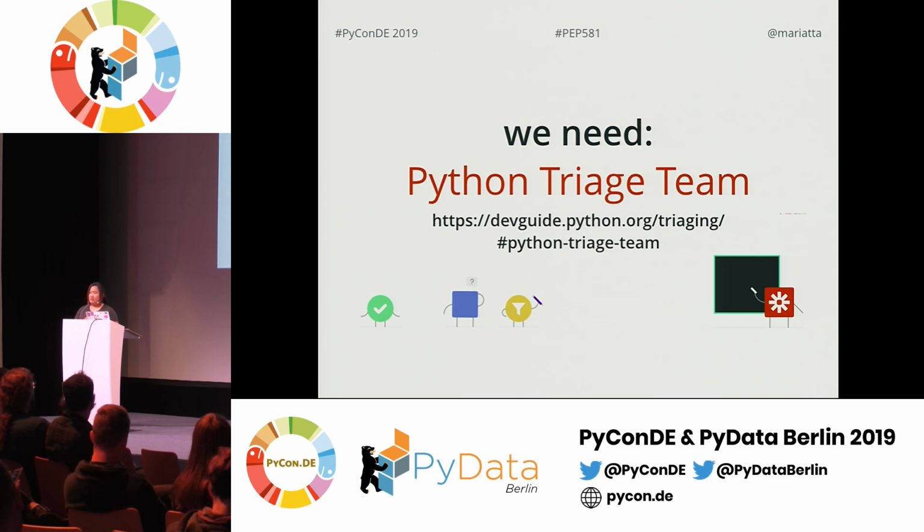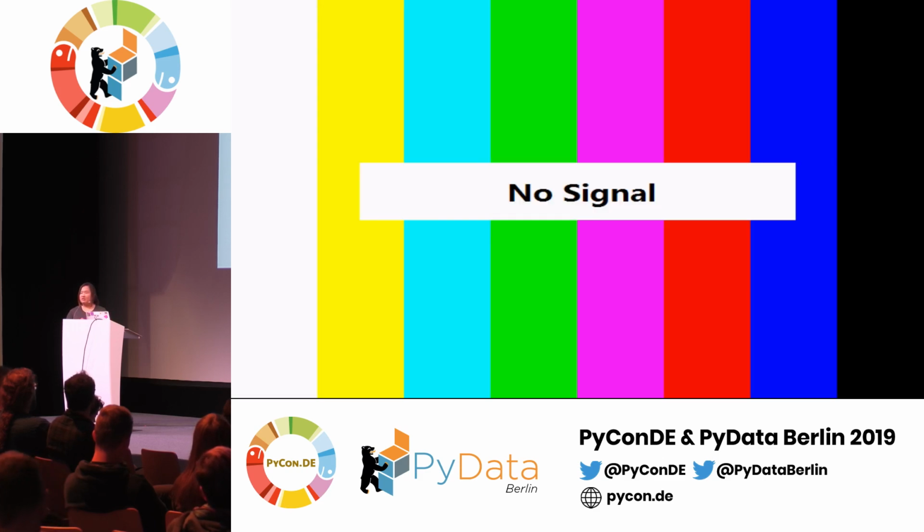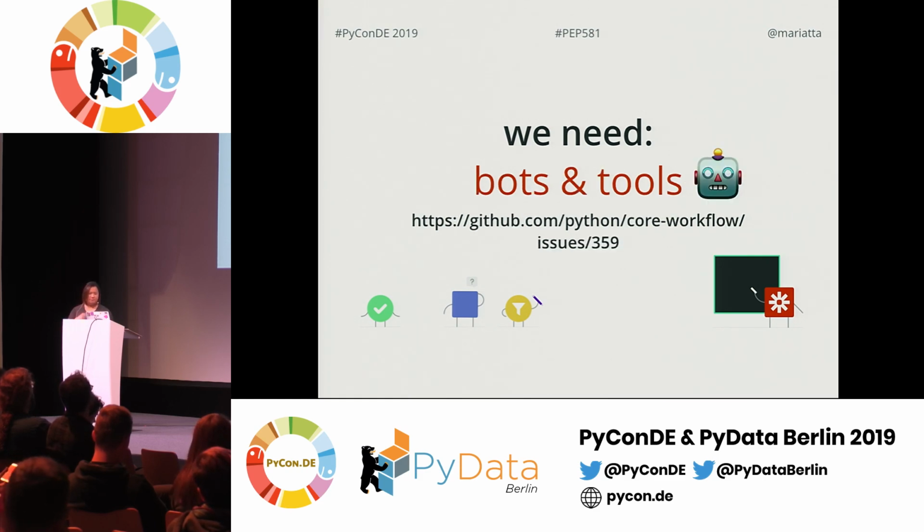All the roles and responsibilities of the triage team are fully documented in the DevGuide. You can apply to be a member of the Python triage team. All it takes is one core developer to vouch for you. So it's easier, less barrier than becoming a core developer. So again, if this is something you're interested in doing, check out the documentation and apply.